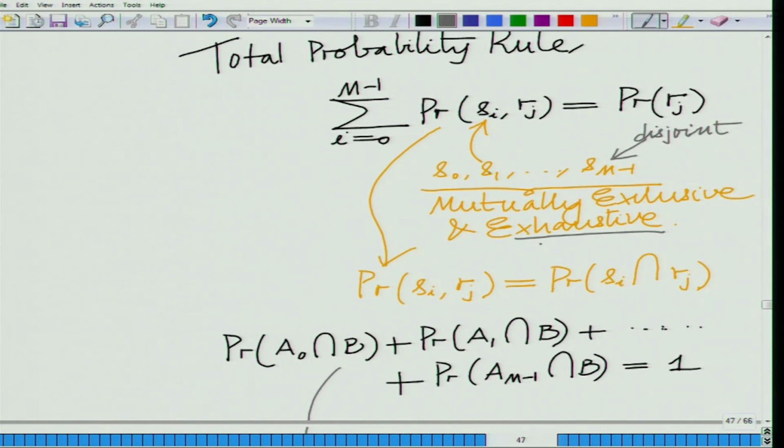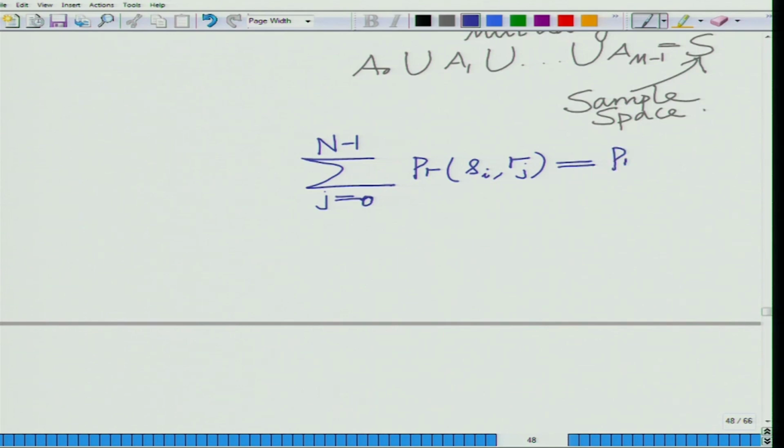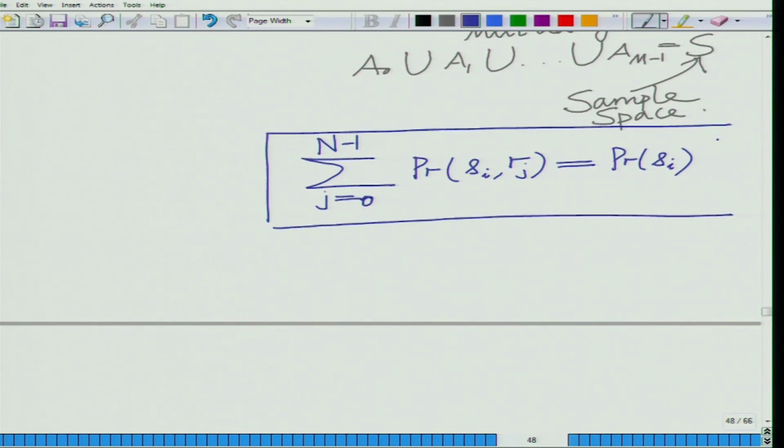Therefore, if you sum the probabilities of Si comma Rj over all Si, you get the probability of Rj. Naturally, if you sum over all Rj corresponding to an Si, you get the probability of Si. This is again according to your total probability rule.